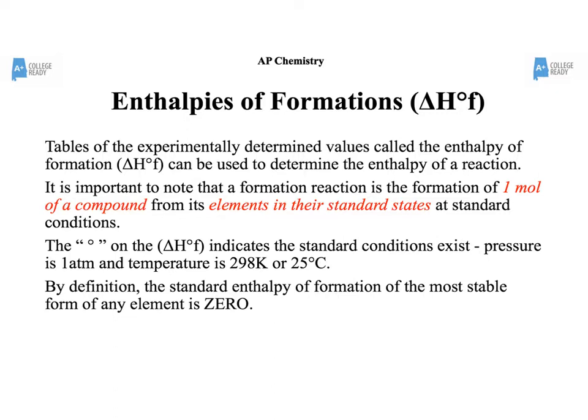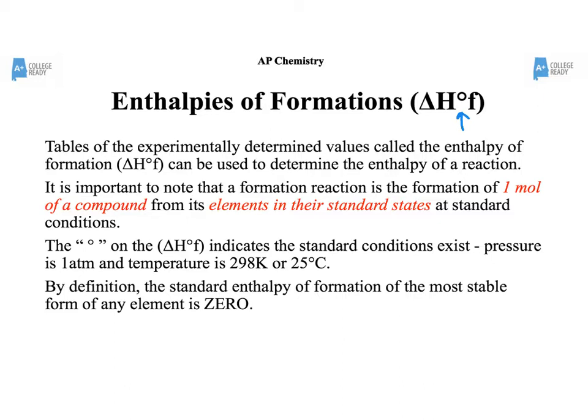Well, that's because some of those reactions were written as formation reactions, and a formation reaction is a reaction that forms 1 mole of a compound from its elements in their standard states. And that's what that little symbol that looks like a degree symbol is for. It's not a degree symbol, it's called a knot. And you see it right here in our enthalpy symbols.